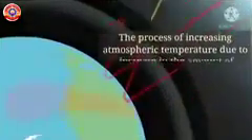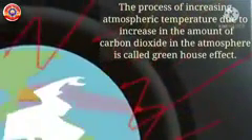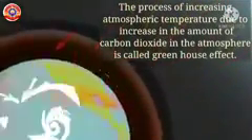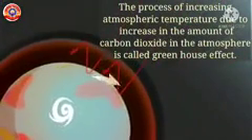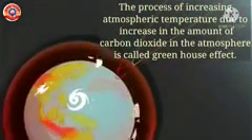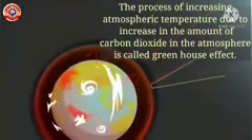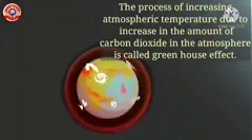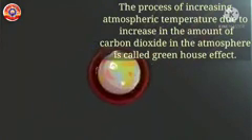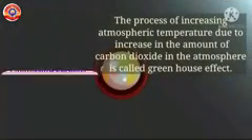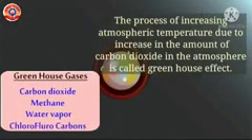The process of increasing atmospheric temperature due to the exchange of incoming and outgoing radiations that warms the Earth is known as the greenhouse effect. And the gases involved in this are called greenhouse gases.